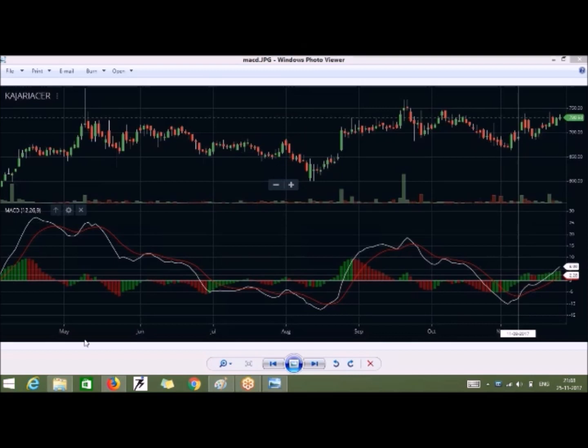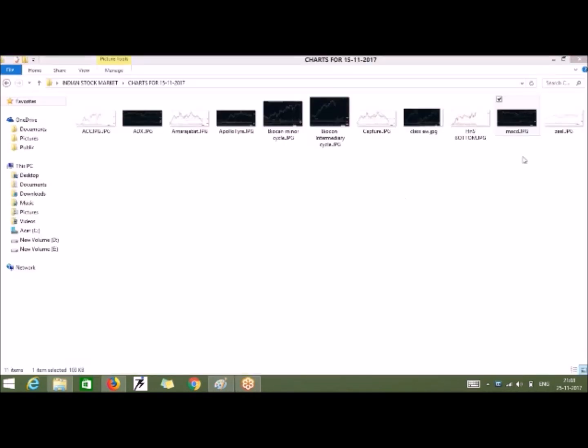And the charts which you are seeing over here, all these graphs, the green and the red ones, are called bar graphs or histograms. This is also used while trading.